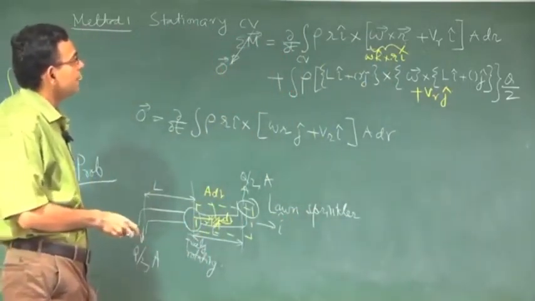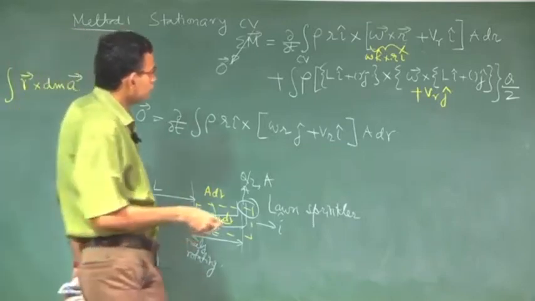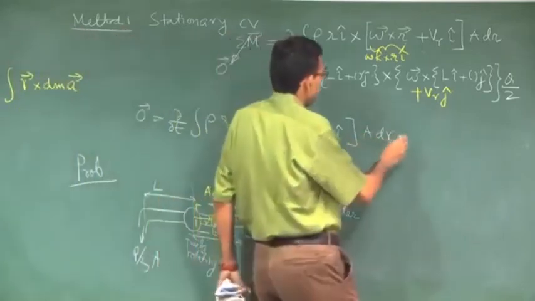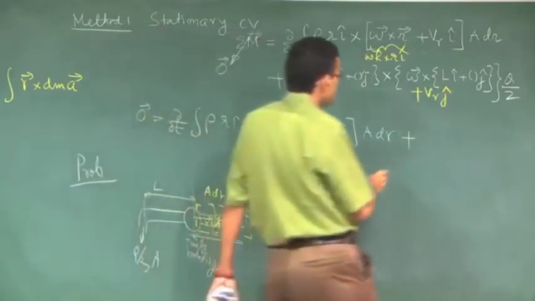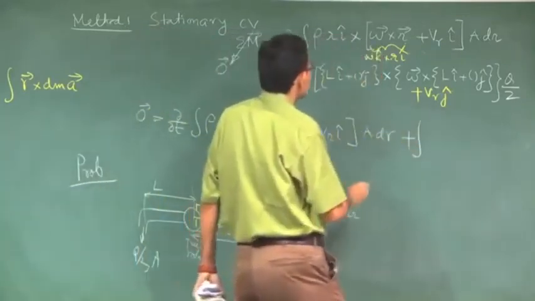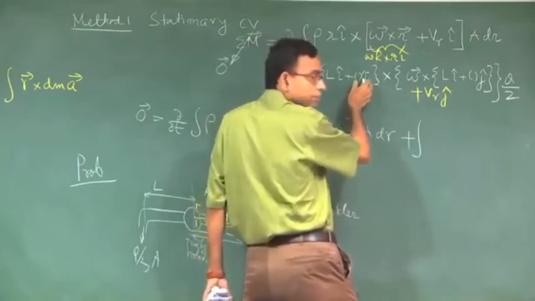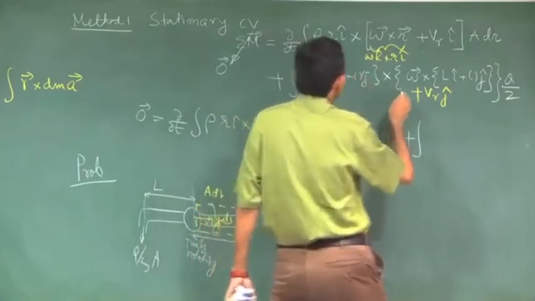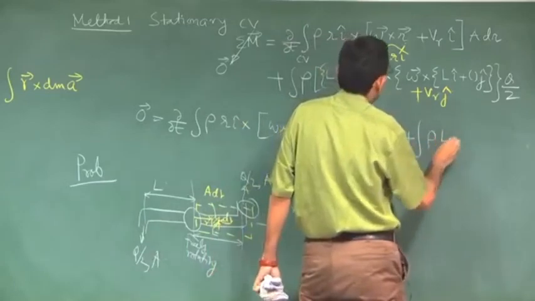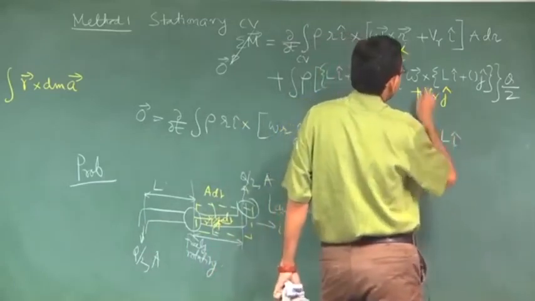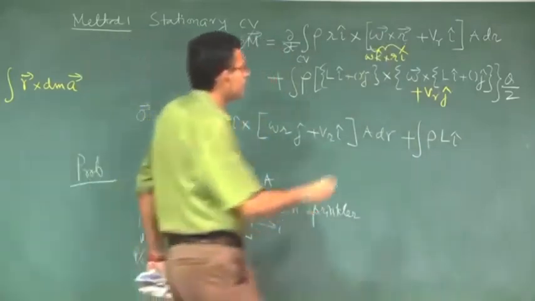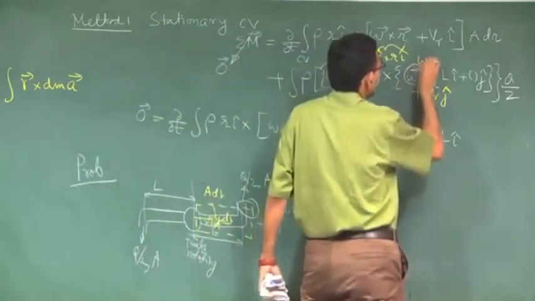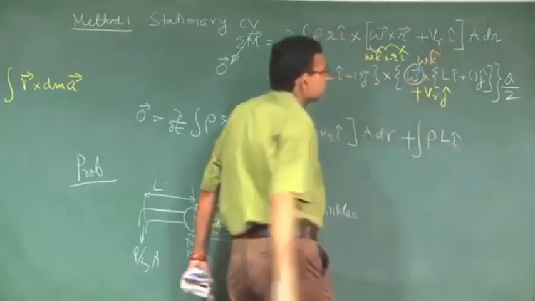So then, okay, this one plus integral of, so we will neglect this small j part, so rho Li, this omega is omega k, right.